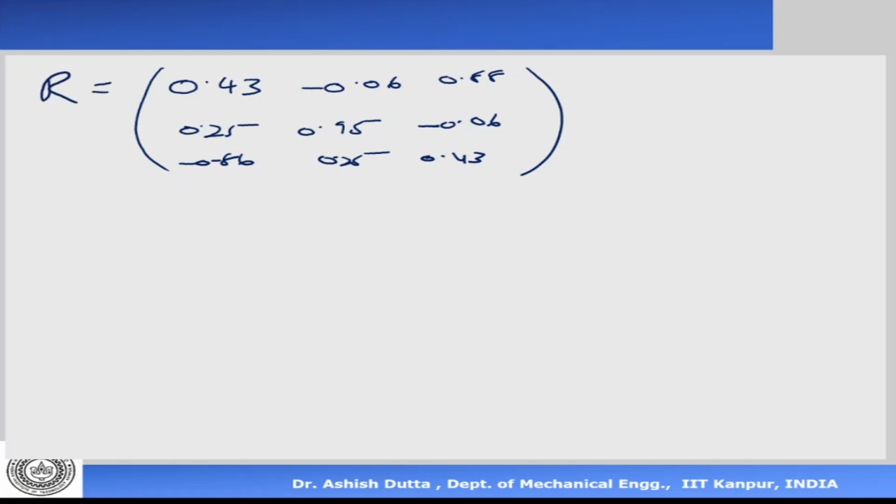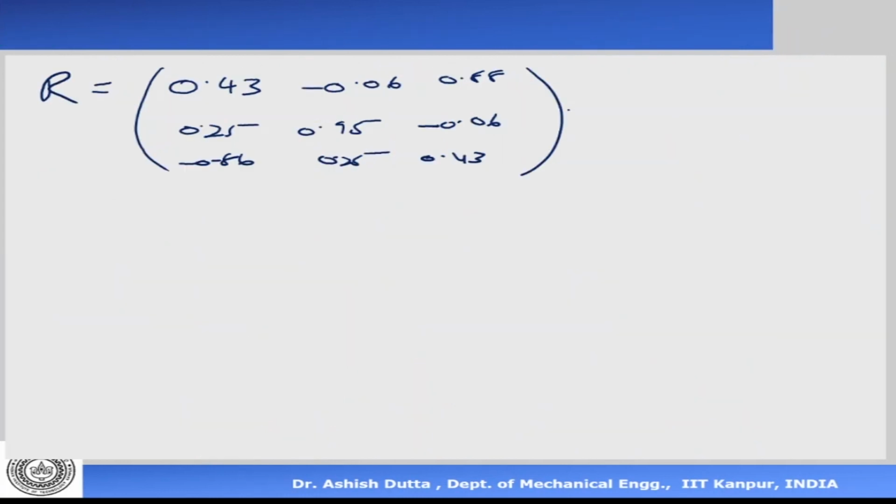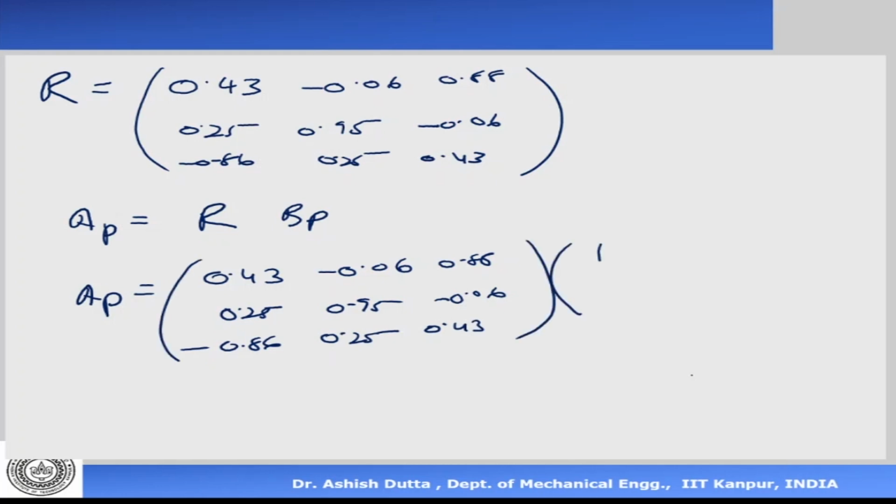Okay, so we were given, I did not complete the question: if you are given BP equal to 1, 1, 1, find AP. So now AP is equal to the combined matrix R times BP, so AP is equal to the matrix 0.43, minus 0.06, 0.88; 0.25, 0.95, minus 0.06; minus 0.86, 0.25, 0.43 times BP, which is given as 1, 1, 1.